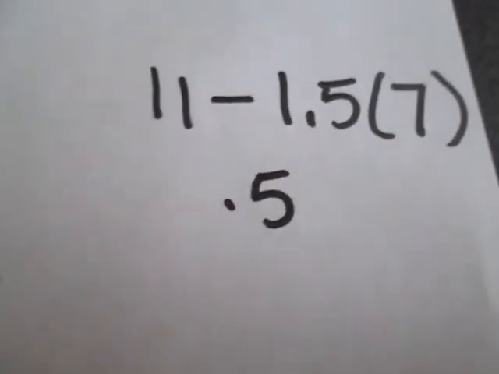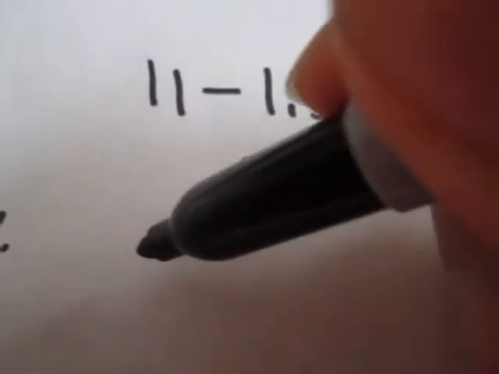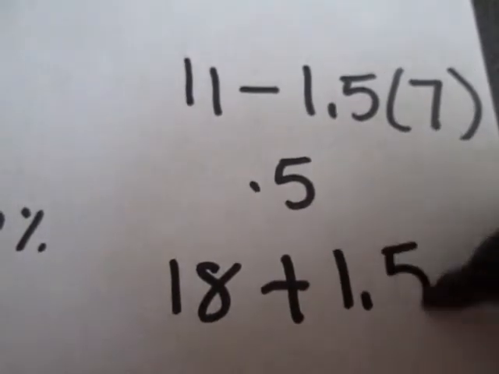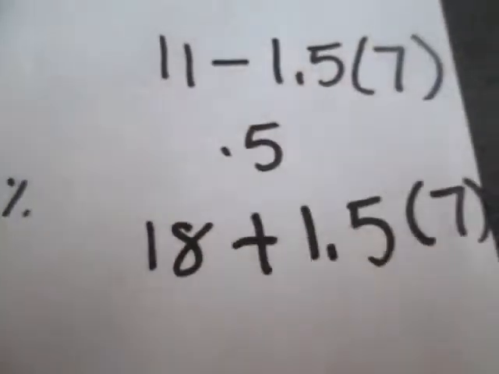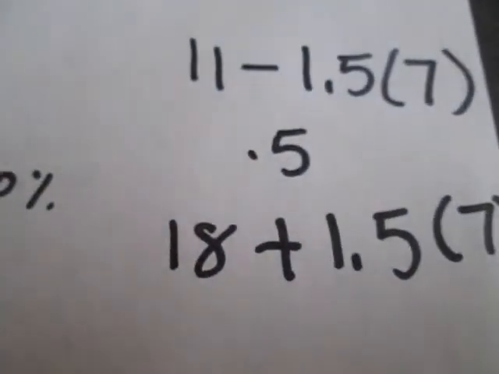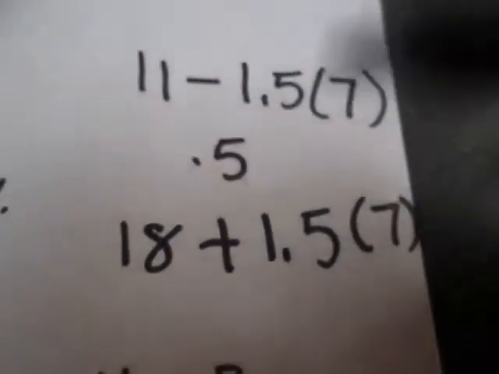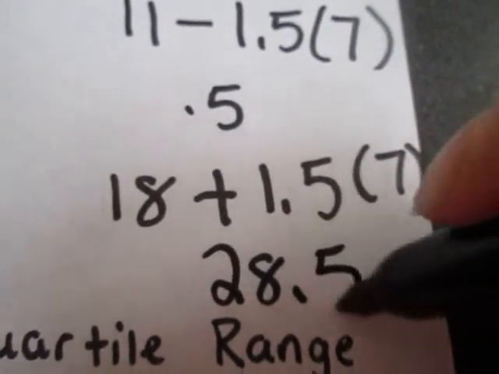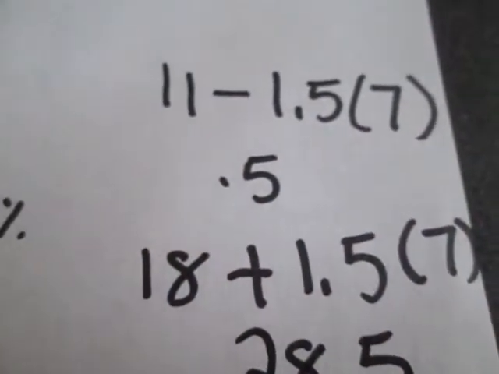Also, if you do quarter 3, the quarter 3 value was 18 plus 1.5 times 7, and if you calculate that, anything above the value of 28.5 would be considered an outlier.